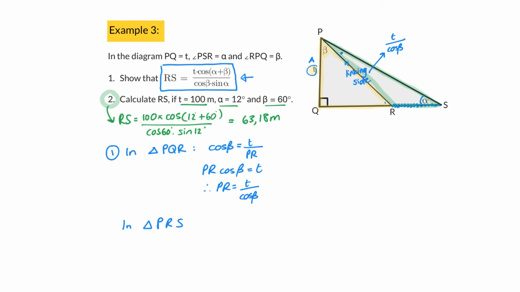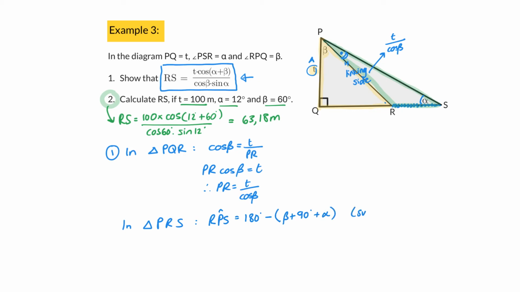And the angle I want is angle RPS. And I can work out the value of that angle if I use the large triangle. So that will be 180 degrees minus beta, 90 and alpha.